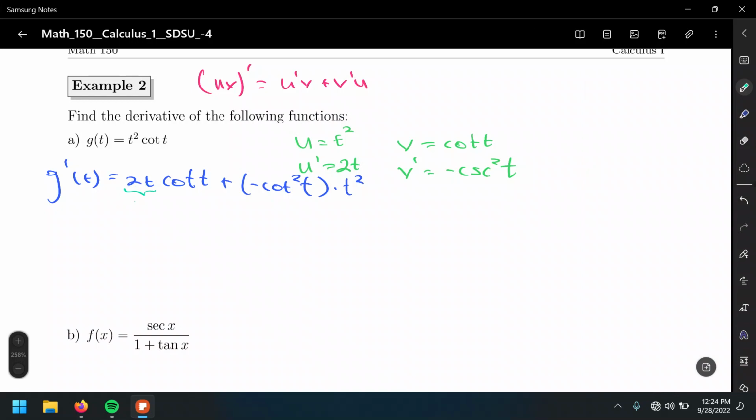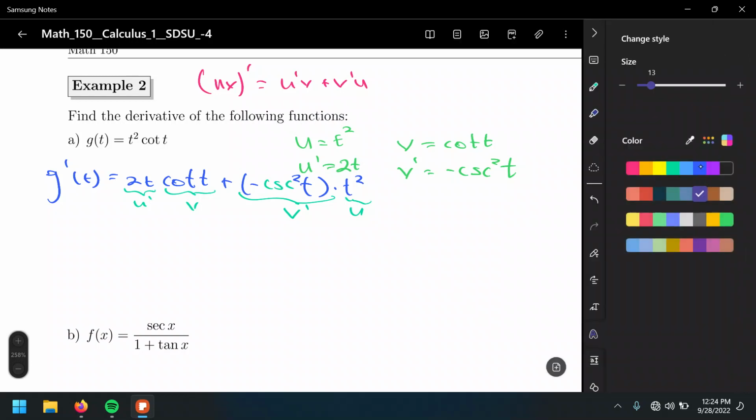So that's u prime v, and this is v prime u. Just to check with the product rule. Question? Which one? Oh, negative cosecant. That's true. Yes, I don't know where I got that cotangent. Thank you. Negative cosecant.